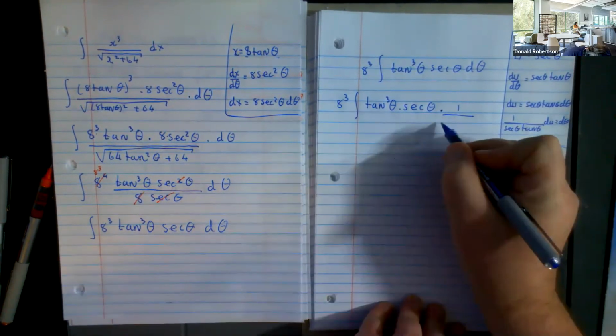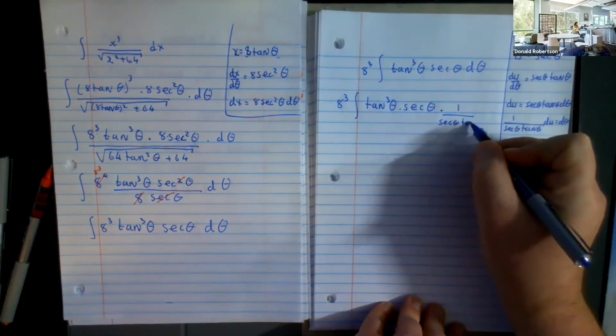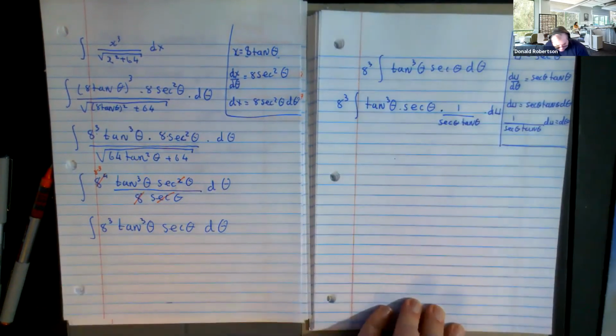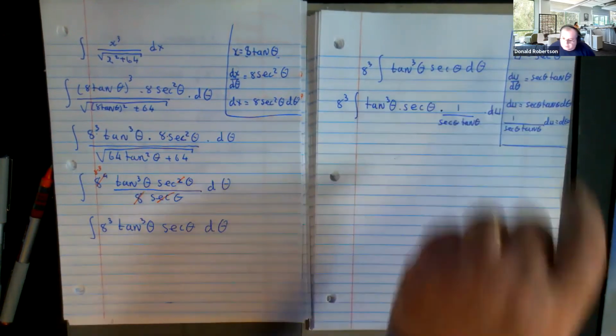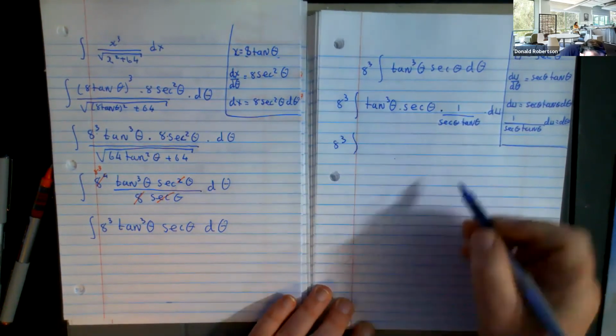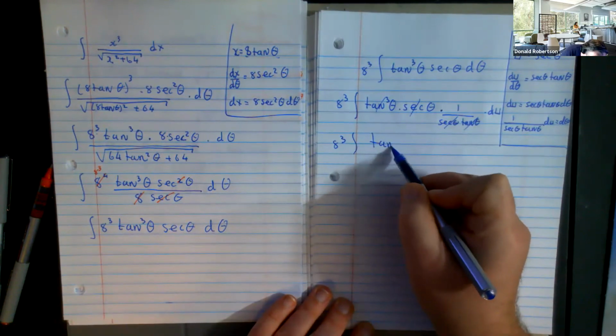You give them a few seconds to see if anything interesting happens. Okay, we're at that stage. Tan cubed secant, 1 over secant tan du. There's a little bit of cancelling going on. One of these, one of these, one of these, one of these, and we are now left with that.